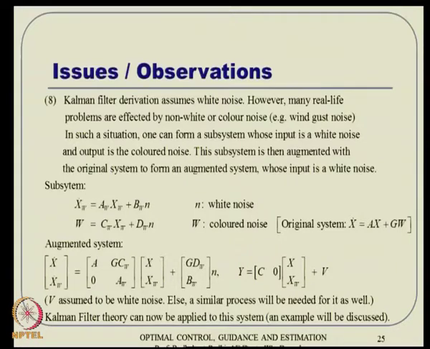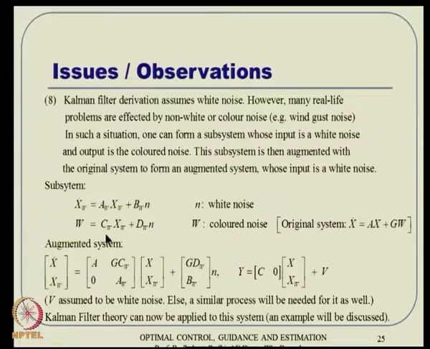I gave this example a little while before, or maybe in the previous lecture. This is a very neat concept, because many times the noise is actually colored, and colored noise can be represented by a dynamic or static model. Either way, you can put it as some sort of system dynamics.